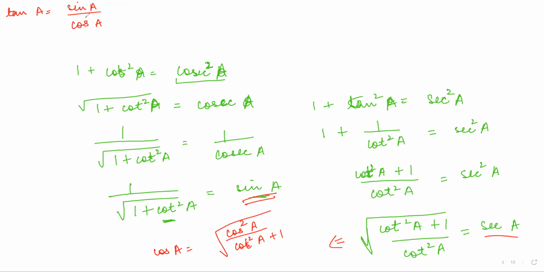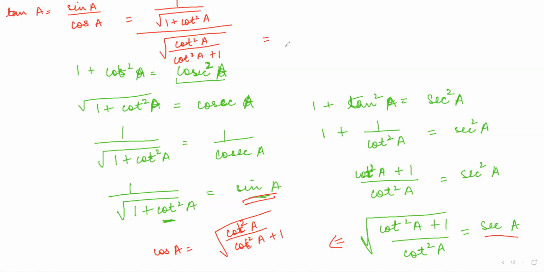Now put these values here, cot, not cos. Sine A is 1 upon under root 1 plus cot square A. Then cos A is under root cot square A divided by cot square A plus 1.